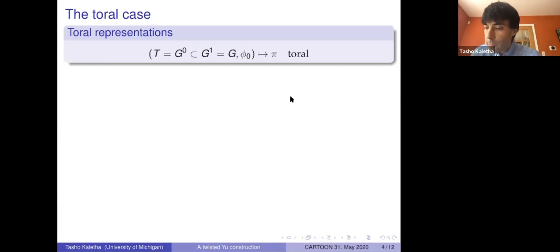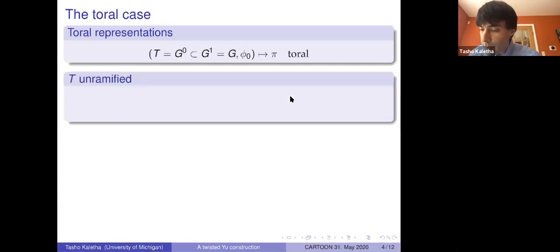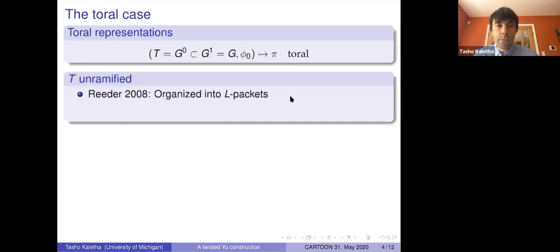And here is a little bit of what people have been doing with toral representations. So if you consider the unramified situation where the torus T splits over an unramified extension, so in particular G must split over an unramified extension, then Mark Reeder in a paper from 2000 organized the resulting representations into L-packets. This notion came up in Alex's talk today. So these will be L-packets, finite sets of supercuspidal representations.